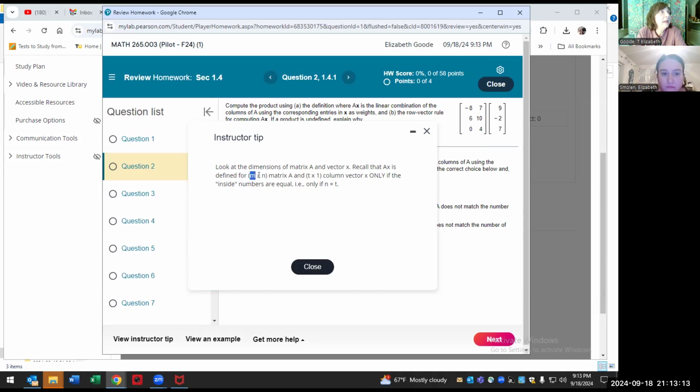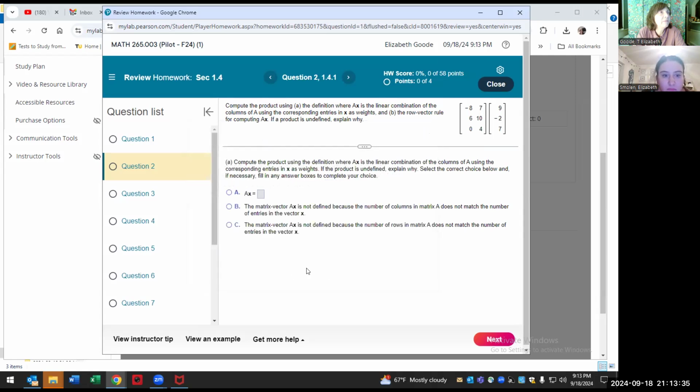So A has M rows and N columns. A T by 1 column vector is going to be something by 1, but this T has to match this N. N and T have to be the same for the matrix multiplication to be defined. Okay, that was the hint that I was trying to give.